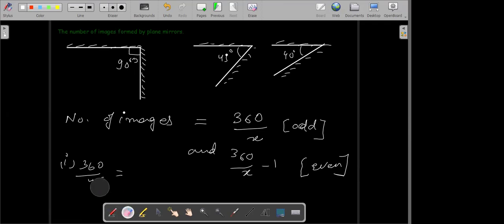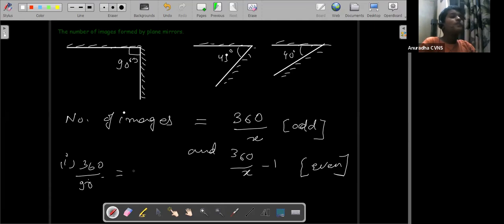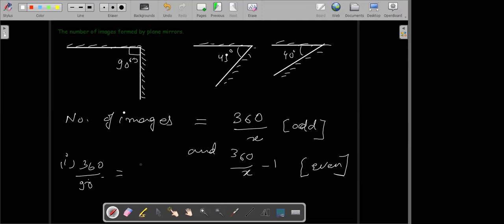If you divide 360 by 90, you get 4. Since this is an even number, you subtract 1 from it, and hence the number of images here will be 3. In the second case, what will be the number of images obtained? It will be 360 divided by 45, which is 8, and 8 minus 1 is 7.